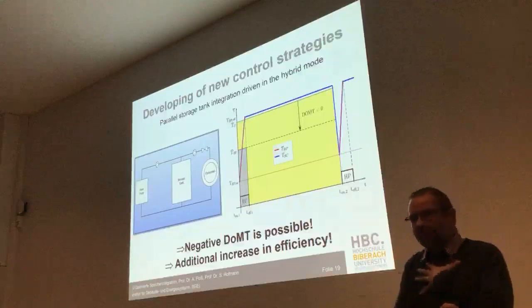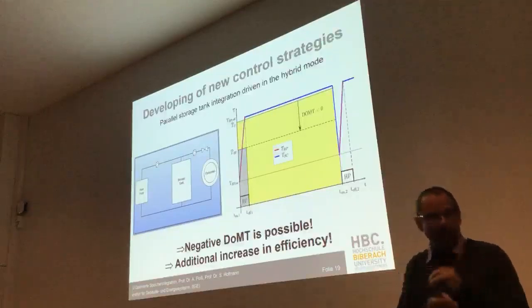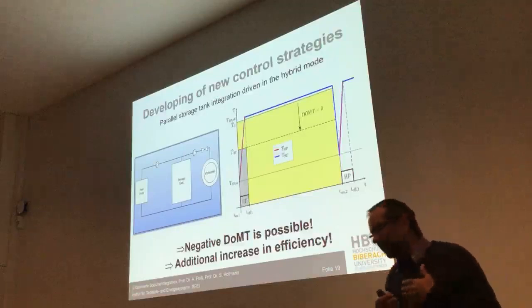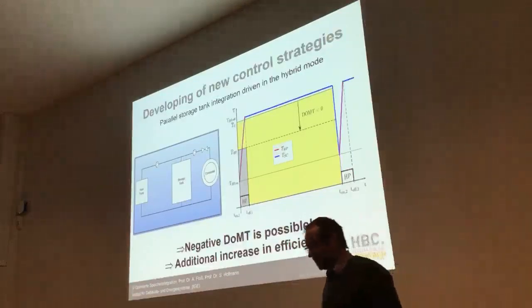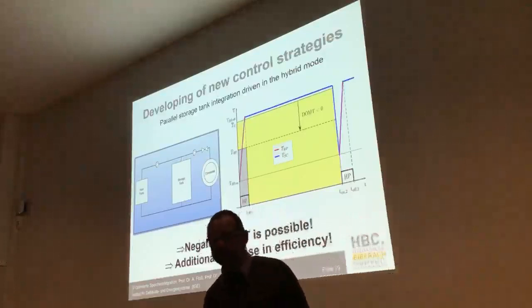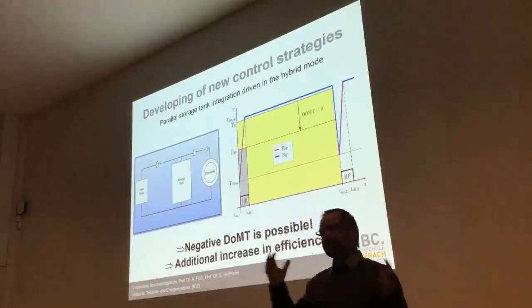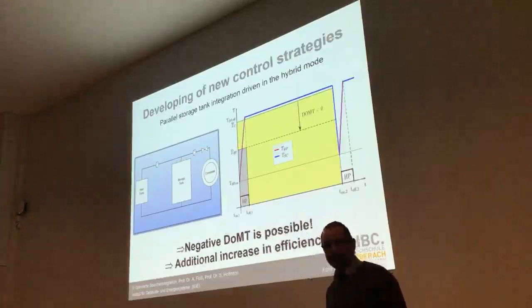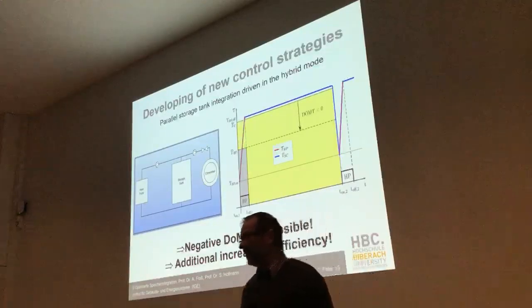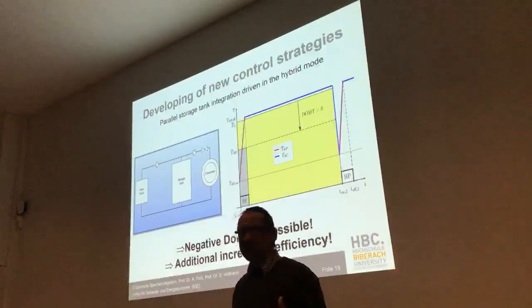I'm sure you can't improve it by that range in any way, but it's just showing there is a big possibility, and if you get an improvement in reality which saves about half, that's still more than 20% saving, just by thinking about the hydraulic integration of the storage tank and the heat pump and the control facility.